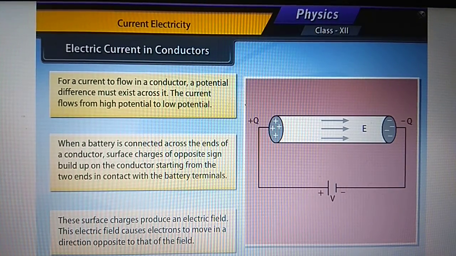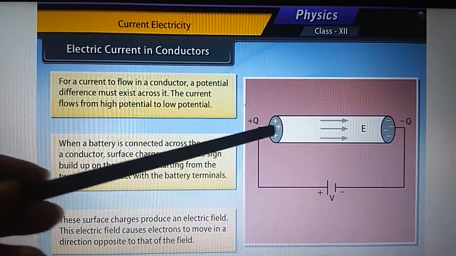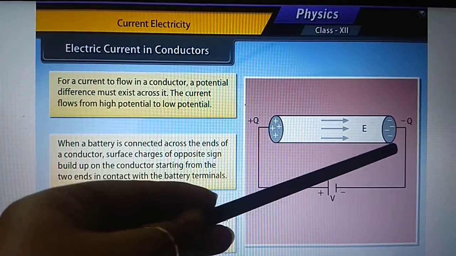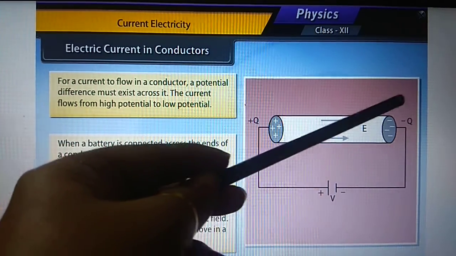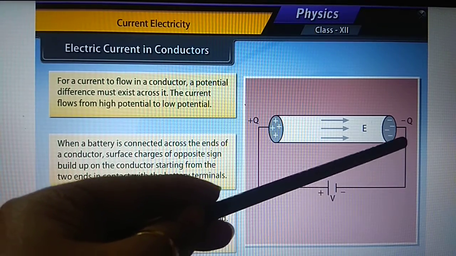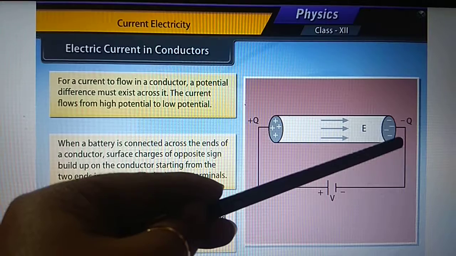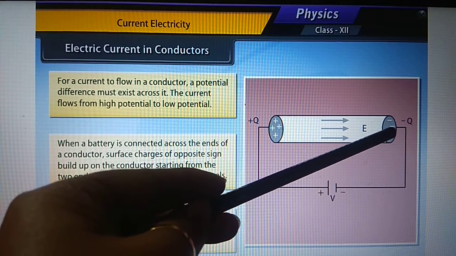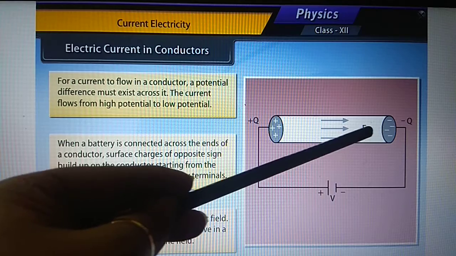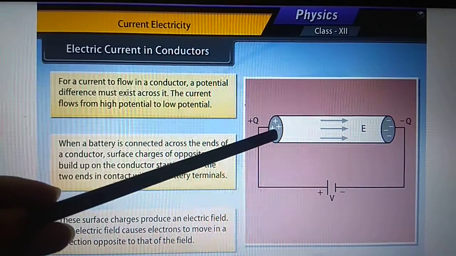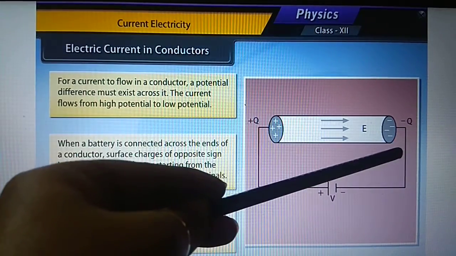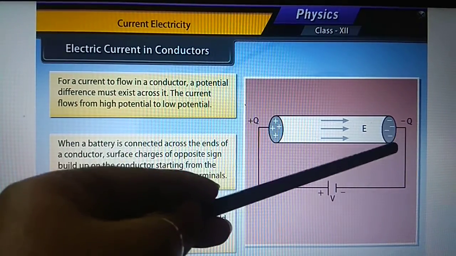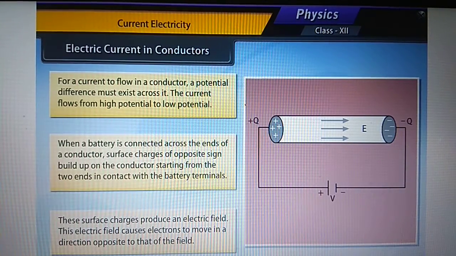The electric field is from positive to negative charge, and since at the negative end the electrons are more, a cluster of many electrons collects here because of this conductor. When the electrons become more, they start colliding with each other, and because of that collision they start moving in the direction opposite to the electric field, from negative to positive charge. Since the electrons are more here, the electron density will be higher here and lower there. So the electric field is from positive to negative, but electrons move from negative to positive.